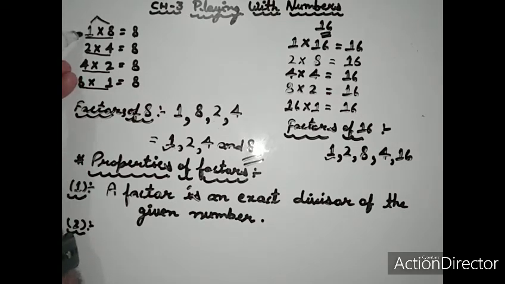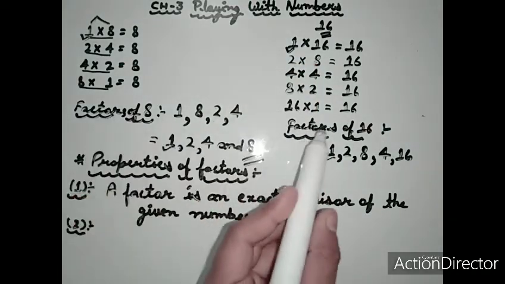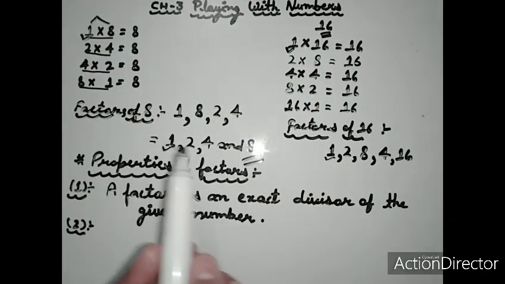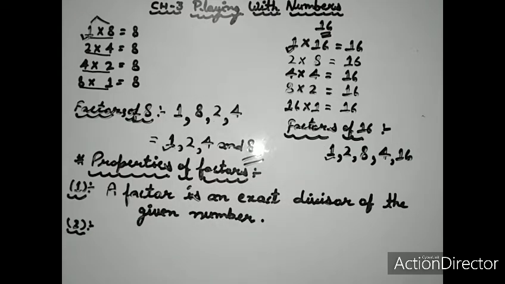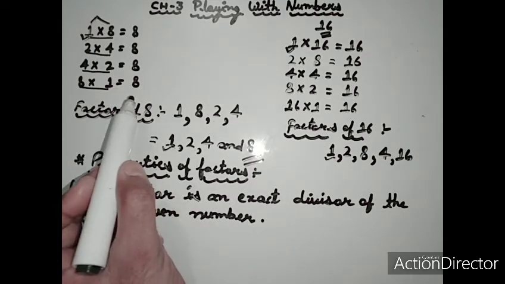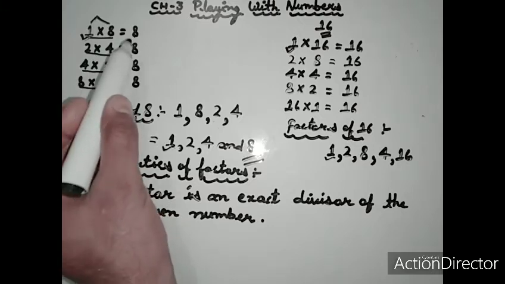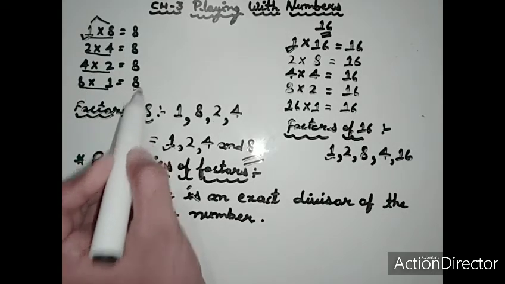One, in the factors of 8 here and in the factors of 16. So we say that 1 is a factor of every number. And one more thing, the number itself.